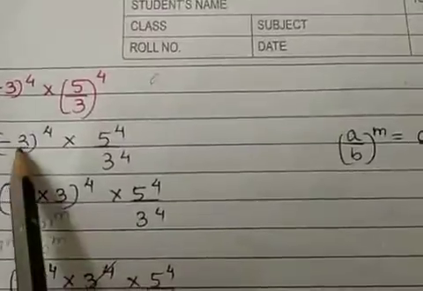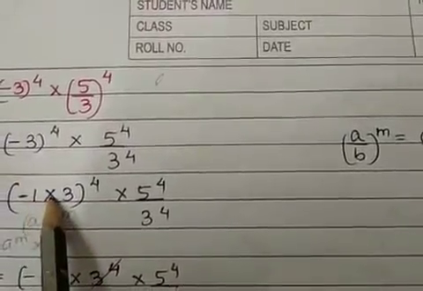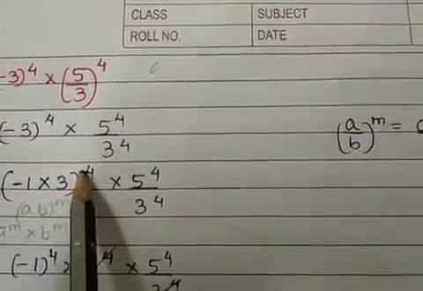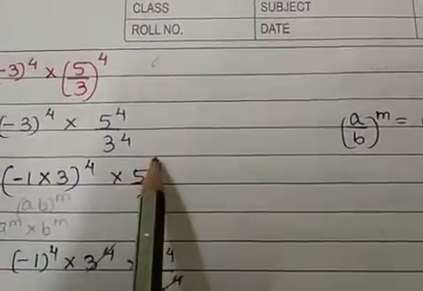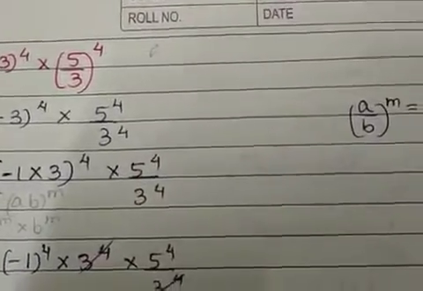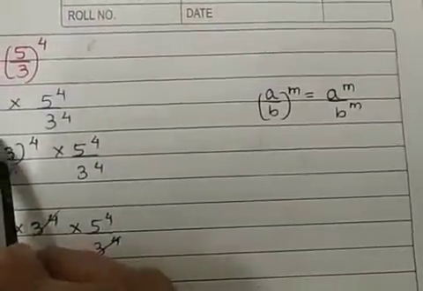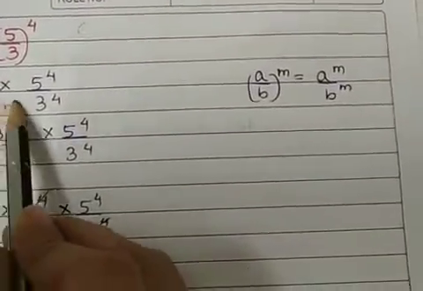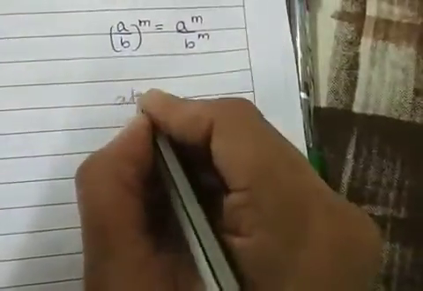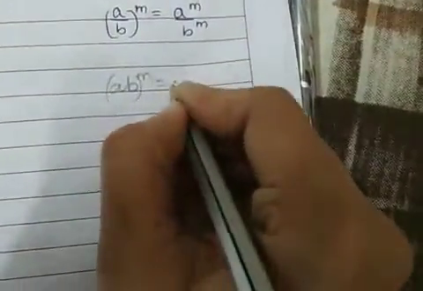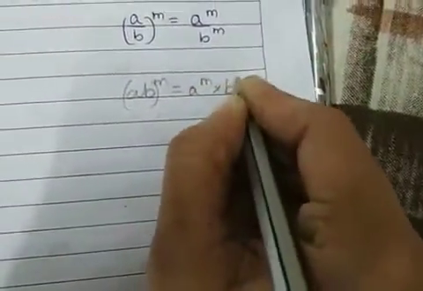Now minus 3 can be written as minus 1 multiplied by 3 raised to 4 multiplied by 5 raised to 4 upon 3 raised to 4. This is of the form ab raised to m, which is nothing but a raised to m multiplied by b raised to m.